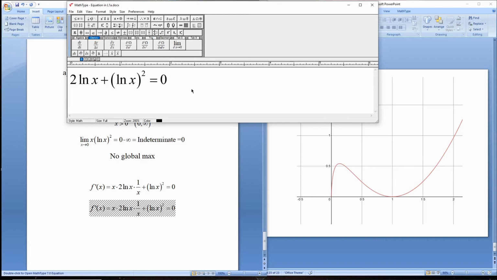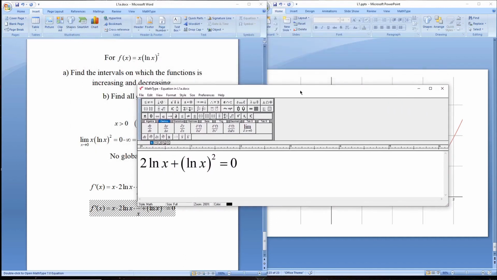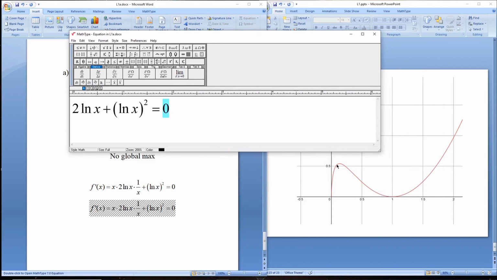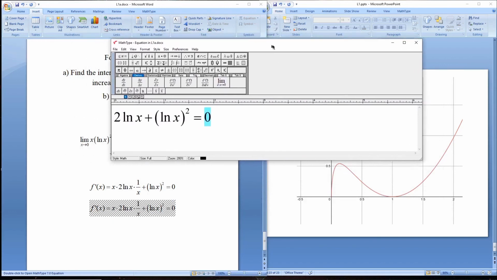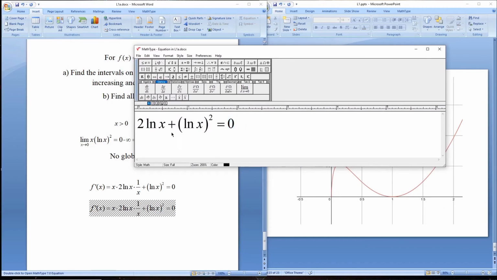It's always dangerous to divide out a variable with 0 because you risk losing a solution. So if you divided by log x here, you'd get stuck. You'd be like, wait a minute, I see 2 turning points, but I can only get 1. And you want to avoid using 0 to divide out a variable.